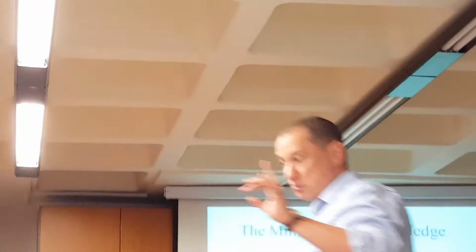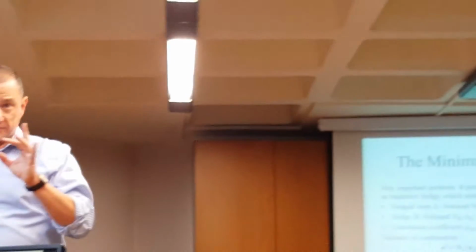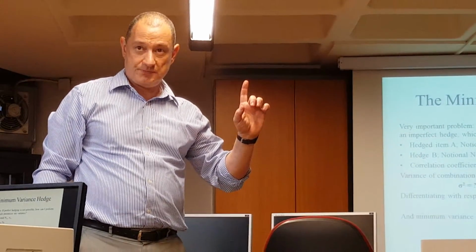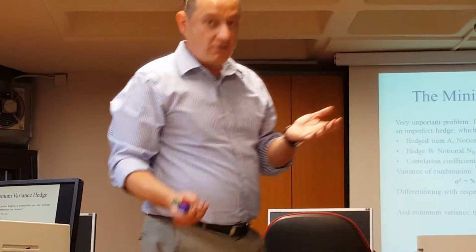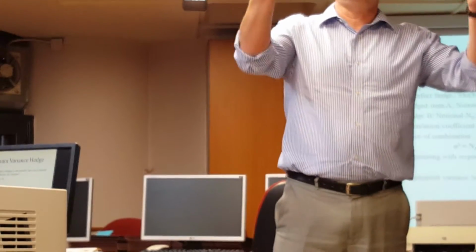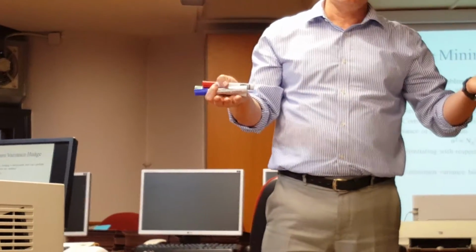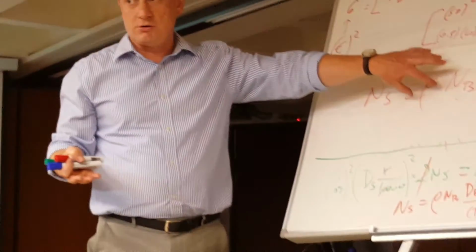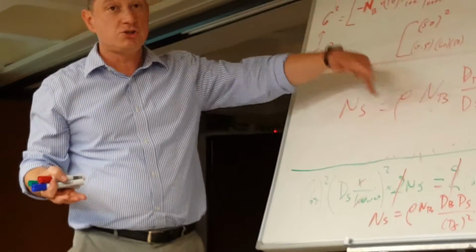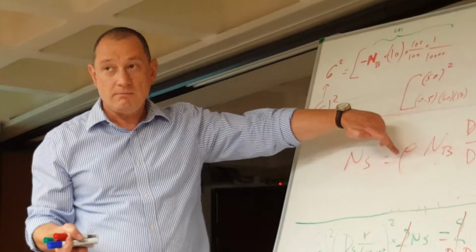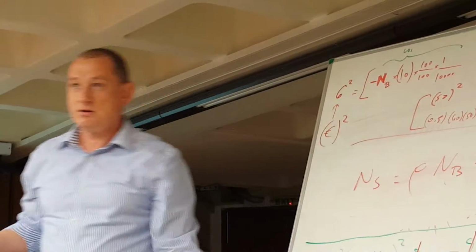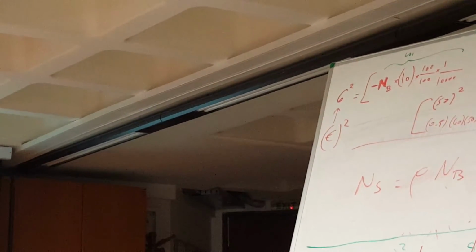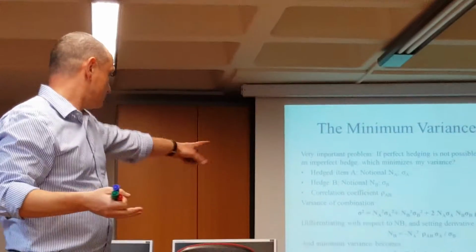In general, though, my minimum variance hedge is not the hedge that matches the durations, because, first of all, I could have different a priori volatilities in interest rates, or even if I have the same volatilities, I could have imperfect correlation. At the limit where the correlation is 0, I cannot hedge at all. It's exactly the same thing as having a stock which has 0 correlation with the index. I cannot hedge at all. Same thing here.